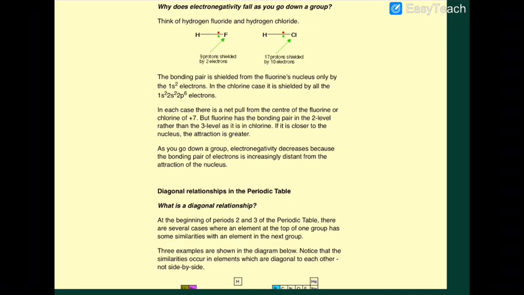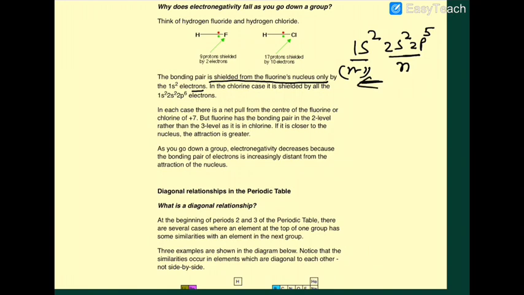The bonding pair in fluorine is shielded only by the 1s2 electrons. If you go by fluorine, there is 1s2, 2s2, 2p5. This is the nth shell, that is the n minus 1th shell. Shielding by the same shell members is less, but shielding by the inner shell is more. But here only 2 electrons are shielding.